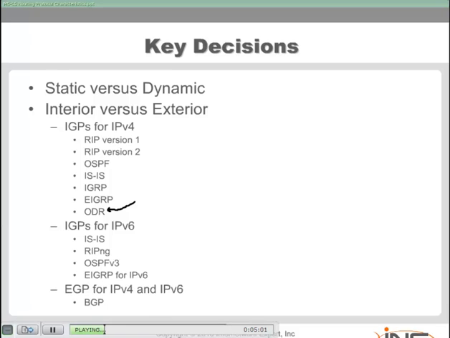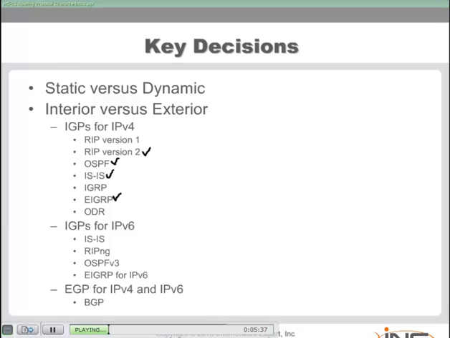It is for hub and spoke environments and it relies upon the Cisco Discovery Protocol. So realistically, if you don't have a hub and spoke environment, then today, what you're choosing between for an IGP is RIP version 2, OSPF, ISIS, and EIGRP. Those are your 4 routing protocols you would be choosing between in most modern environments.